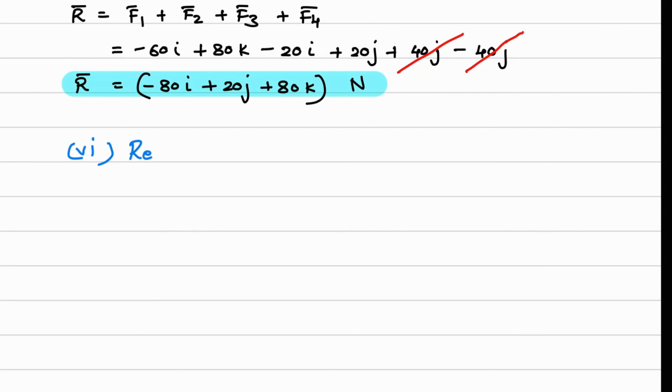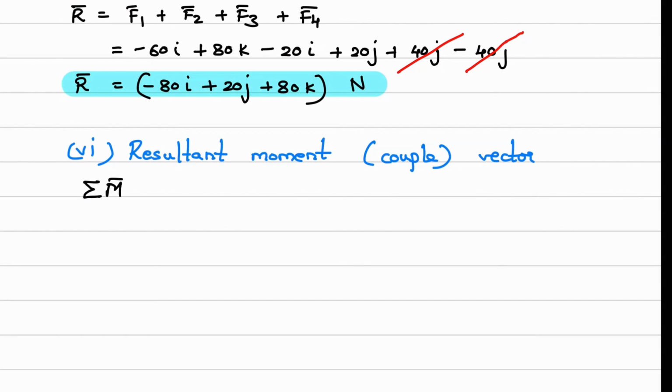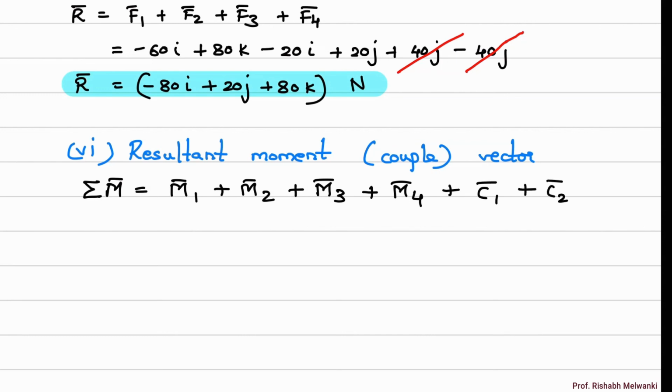the resultant moment couple vector. What will be the equation of this? It will be the summation of all the moment vectors. So this will be M1 plus M2 plus M3 plus M4, the moments of all four forces, plus couple vector C1 plus couple vector C2.